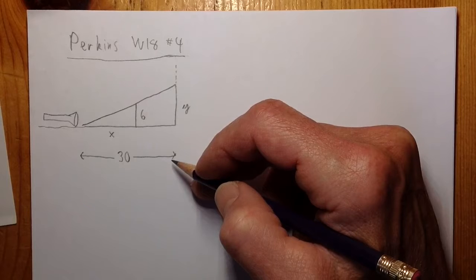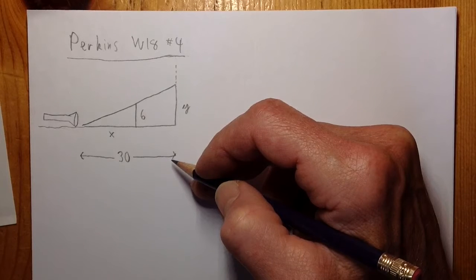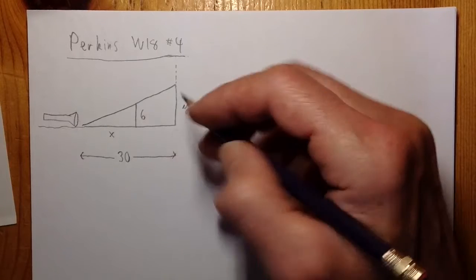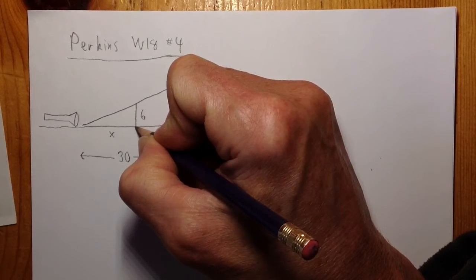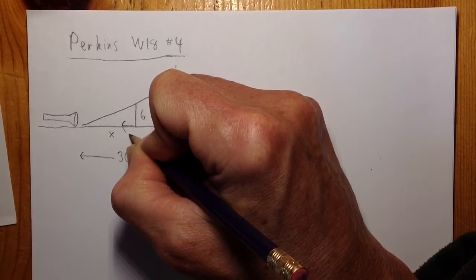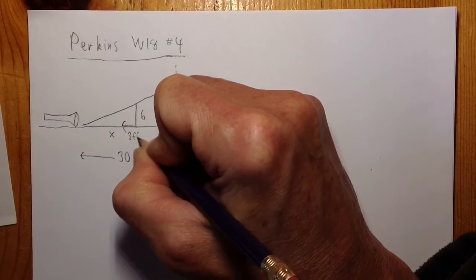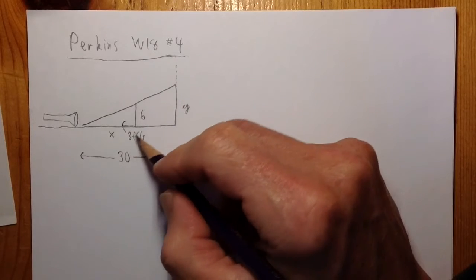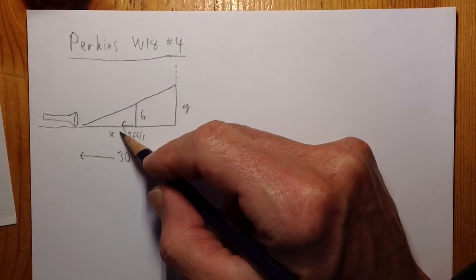And this Isabel person is walking towards the flashlight at 3 feet per second. So she's going this way at 3 feet per second. And that's x, then they labeled a picture for us.